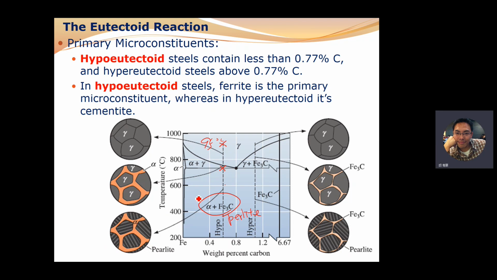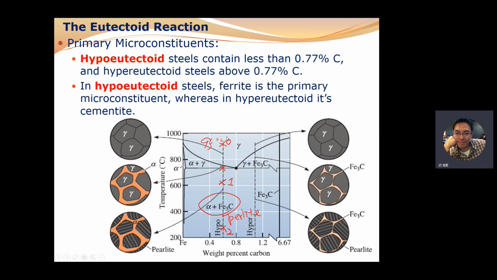We can think of two temperatures below the eutectoid temperature, one is here, 1, and the other one is here, 2. The initial temperature I denote as 0.